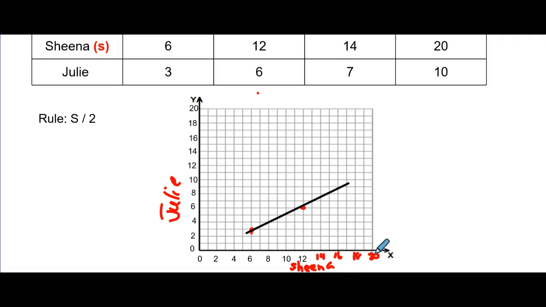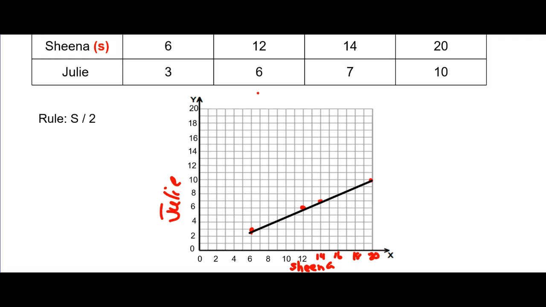So let's replot those data points. 12 and 6, 14 and 7, and then 20 and 10. Let me get rid of that line. Now we're going to connect this, and you're going to see that it is a straight line, which is what's supposed to happen.